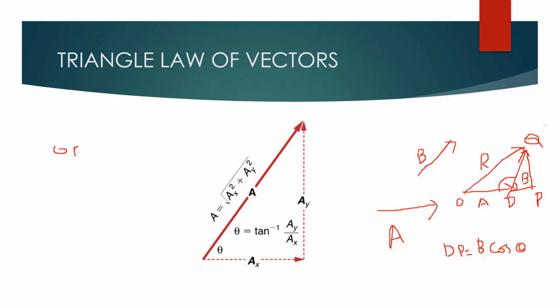That is, the total horizontal component is the sum of vector A plus DP, which is nothing but B cos theta. Similarly, the vertical component PQ can be written as B sin theta.